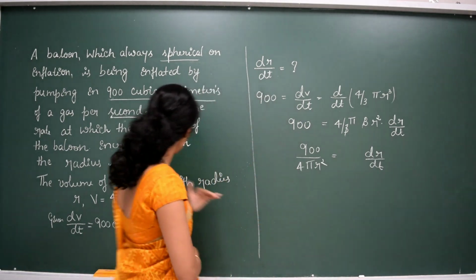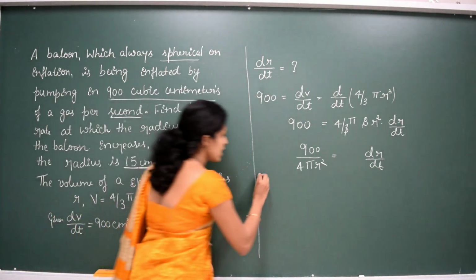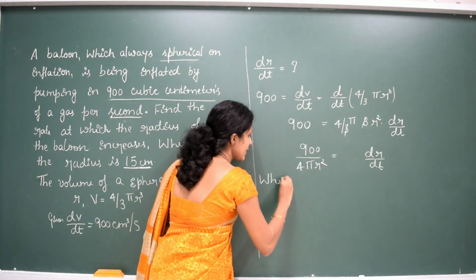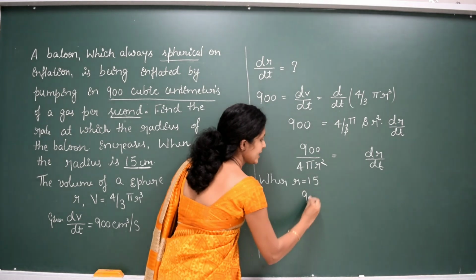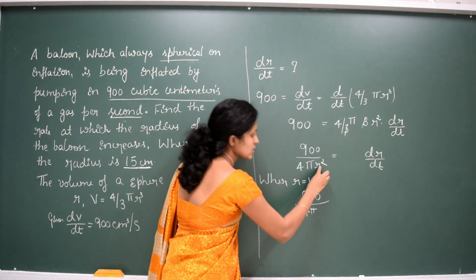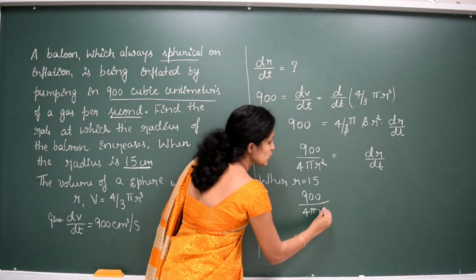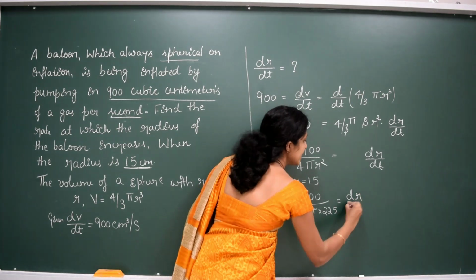And what is given? You have to find when the value of r, radius r is equal to 15. So when r is equal to 15, what happens here? So this is now 900 divided by 4 pi r square, that is 15 square will be 225. So this is equal to dr by dt.